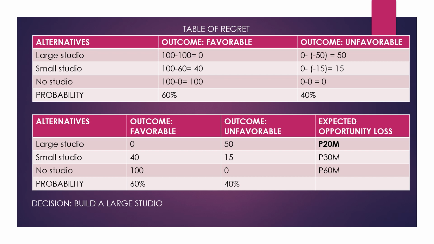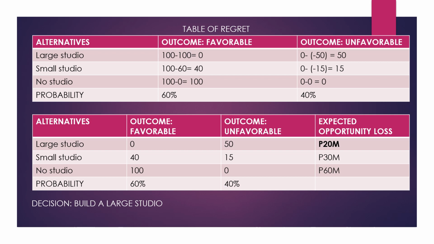For the small studio, we have 60% times 40 regret plus 40% times 15 regret, so we have 30. For no studio, remaining as an actor, 60% times 100 plus 40% times 0 is equal to 60.